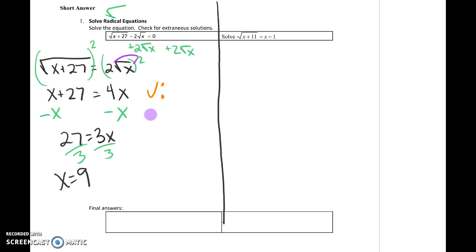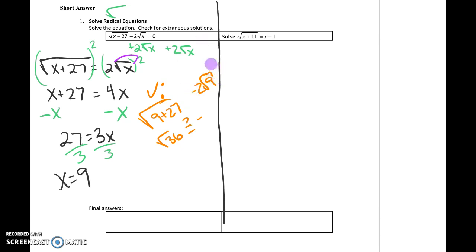Anyway, so this becomes the square root of 9 plus 27. Does that equal minus 2 root 9? Let's go ahead and check it. 9, 18, 27, square root of 36. Does that equal minus 2 root 9?